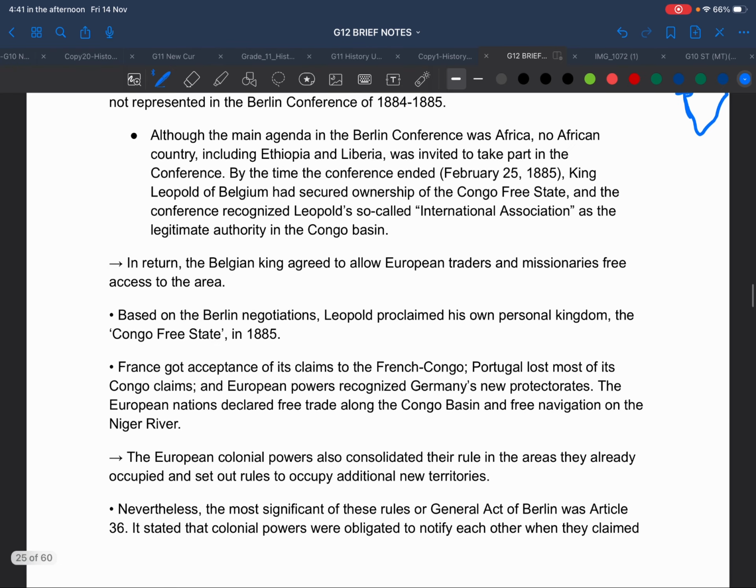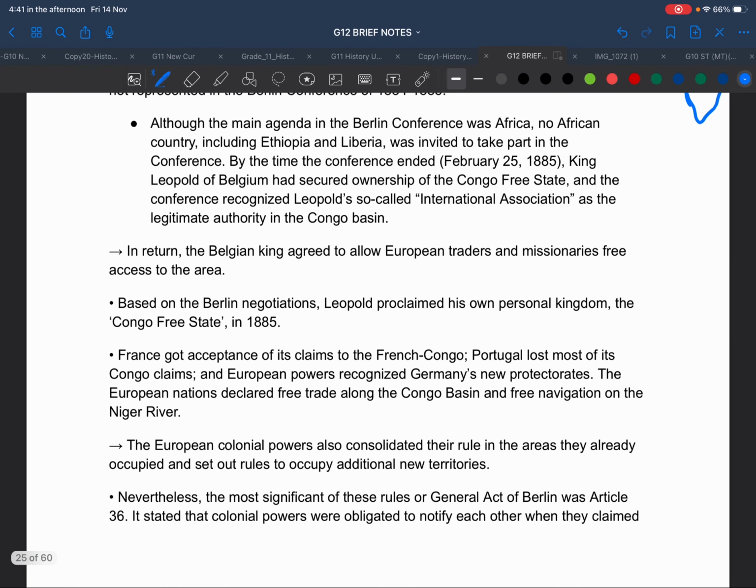Although the main agenda in the Berlin Conference was Africa, no African country, including Ethiopia and Liberia, was invited to take part in the conference, including the sovereign, independent nations Ethiopia and Liberia. All African countries were not invited to take part in the conference.